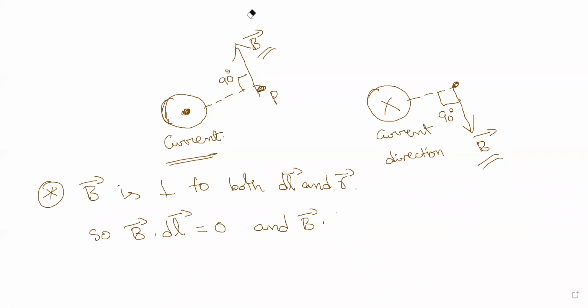B bar dot R bar also happens to be 0. In either of the cases, it is 0. Very important.